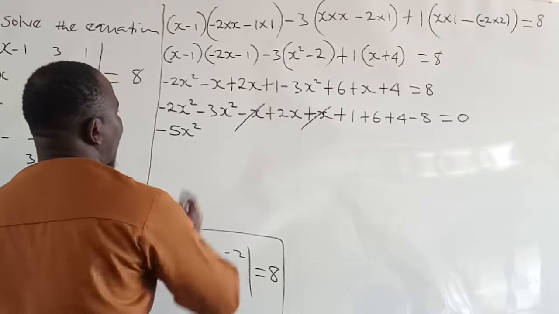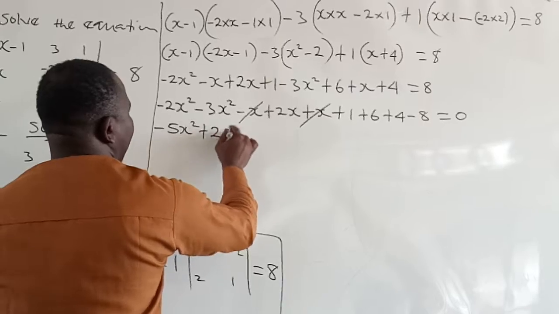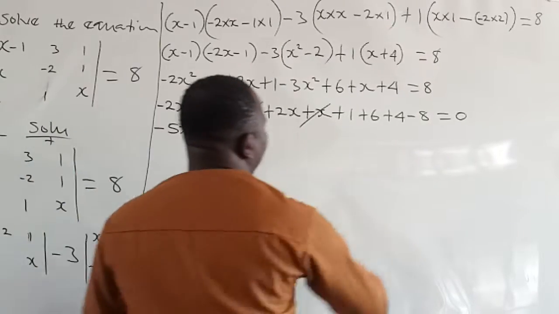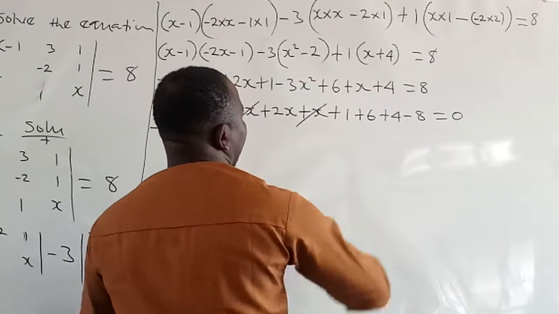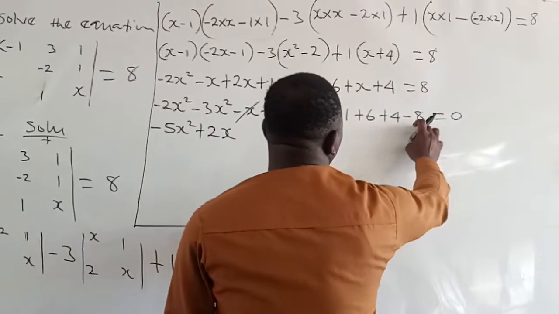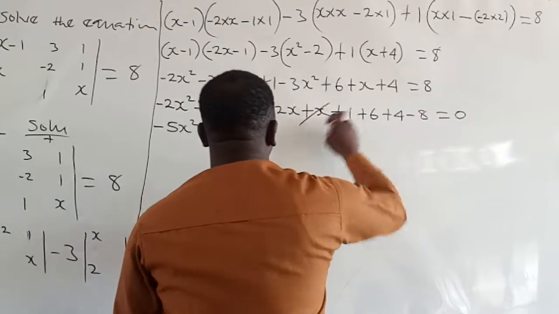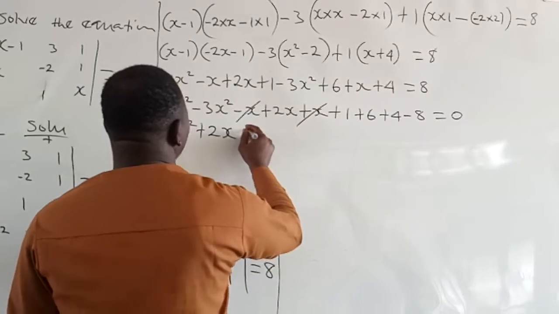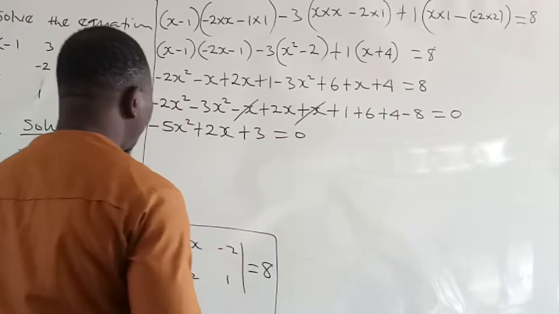So if you agree with me, we are going to have plus 2x. Then this plus this will give us 10 too. Then 10 minus 8 will give us 2. Then 2 plus 1 will give us 3. Is that clear? So plus 3 equals 0.